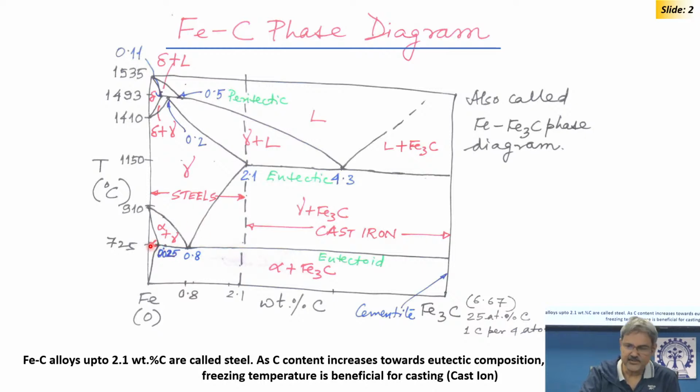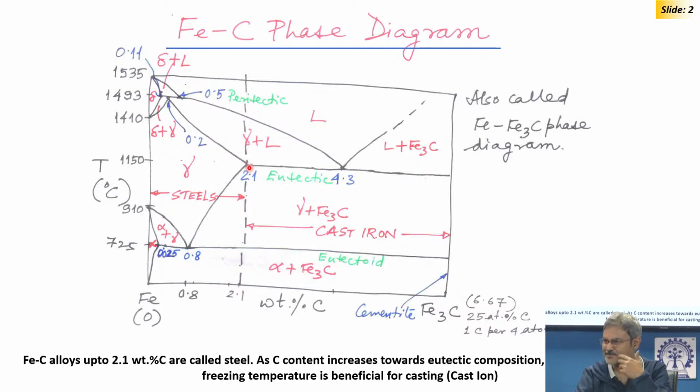In ferrite, the solubility of carbon is very low; that is the one takeaway message. At 723 degrees centigrade, only 0.025 weight percent, and at room temperature 0.006 to 0.007. Whereas in austenite, which is FCC, which is more close packed, 2% carbon dissolves.